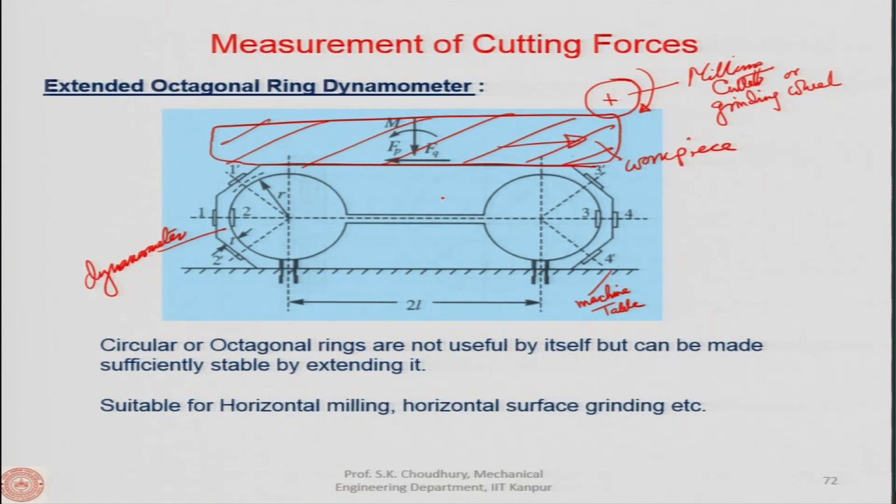So, circular or octagonal rings are not useful by themselves, but can be made sufficiently stable by extending them.